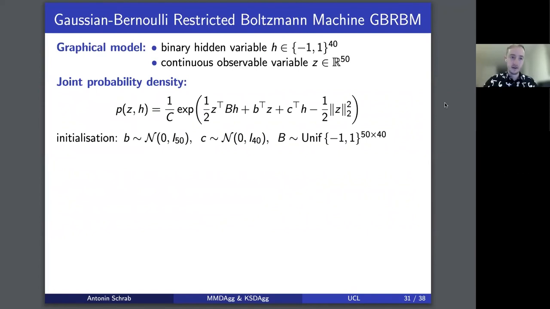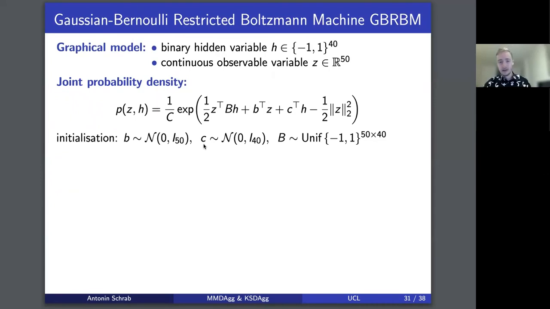They are defined to have joint probability density PZH as follows, where we have some constant normalizing term, and then an exponential with those terms, where we have some parameters, a capital B, a lowercase b and a lowercase c.